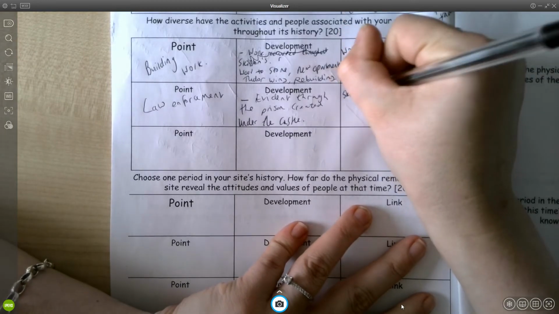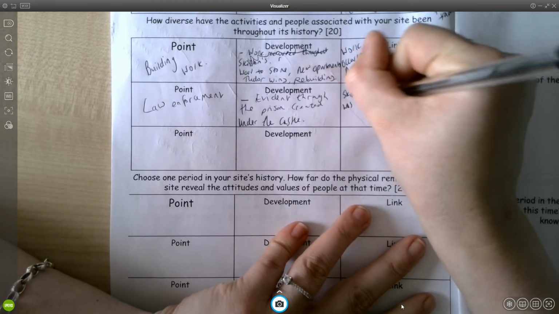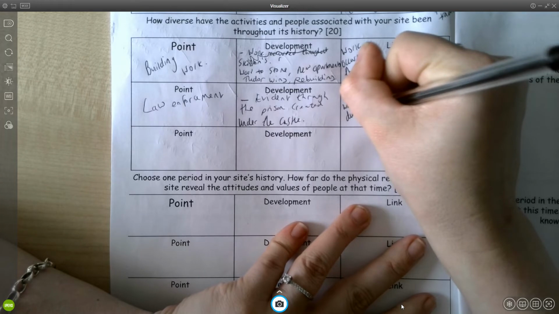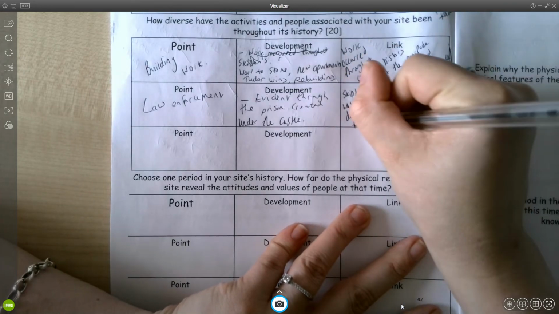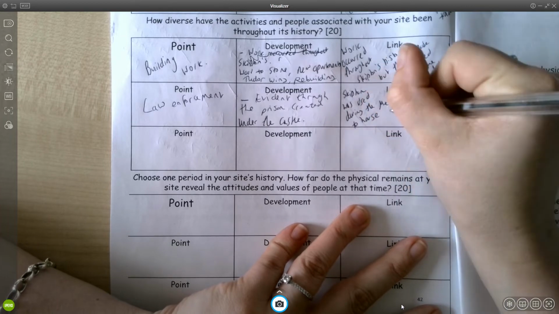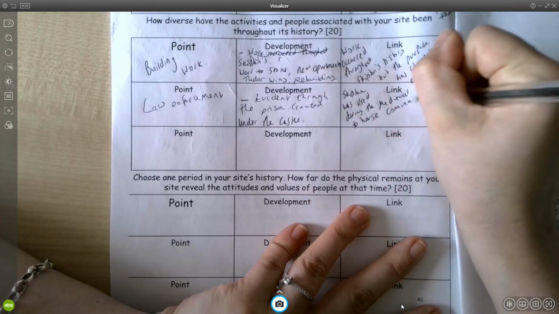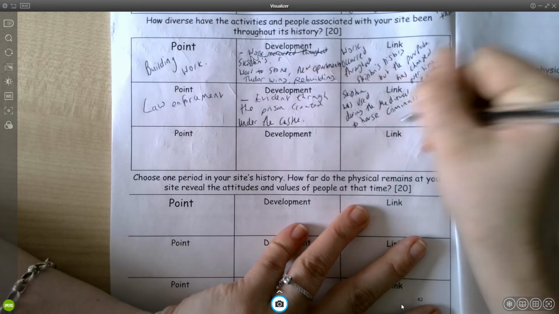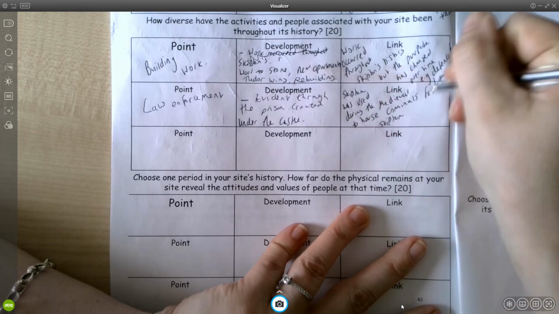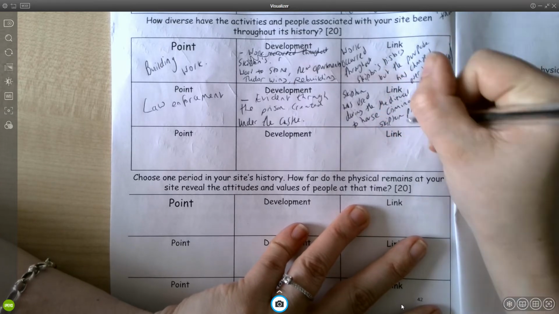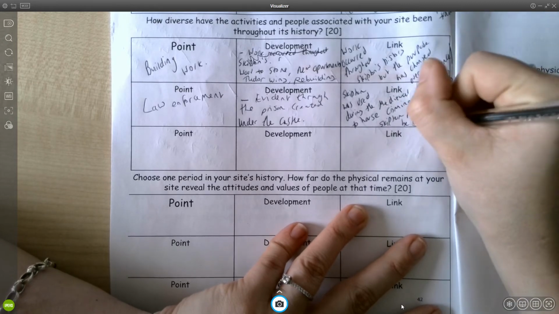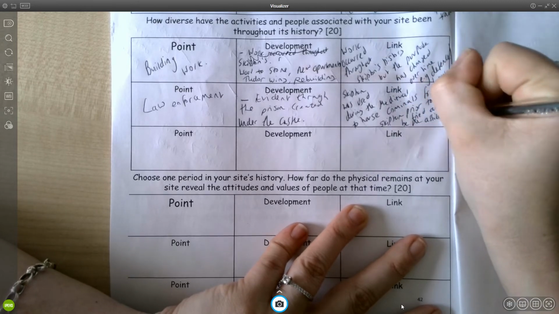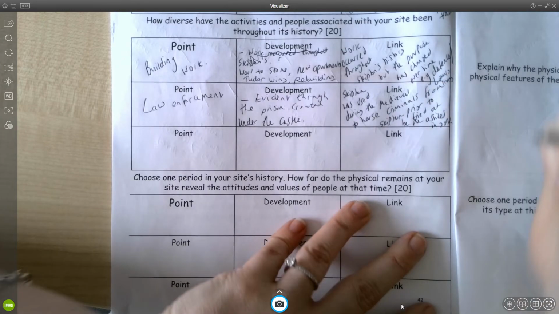So Skipton was used during the medieval period to house criminals from Skipton prior to being tried at the assizes in York.